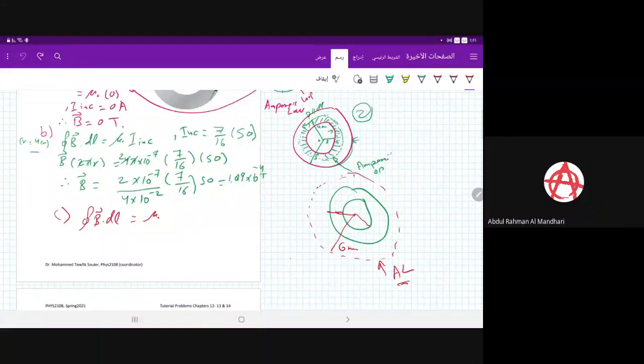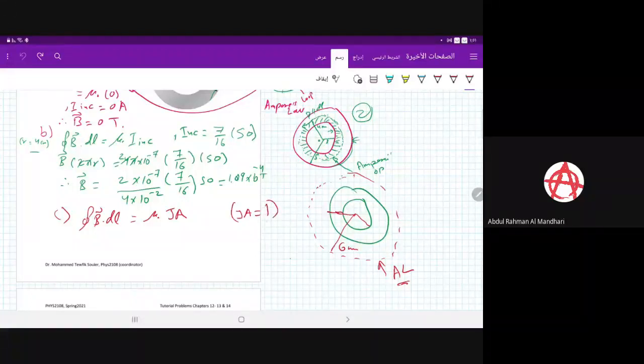What is I enclosed now? Actually, it's the total current in that conductor. And sometimes people write that as J into A, and that's the same thing. But in our case, J into A equals the total current.